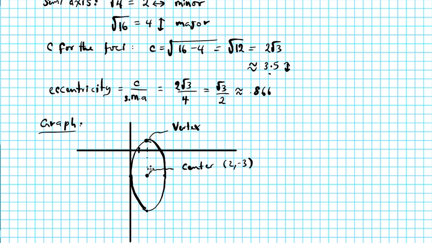For the vertex, I'm going up 4 units, so I just add 4 to my y-coordinate. So one of my vertices is 2, 1. And then I also have a vertex down here. I'm going 4 units down from the center, so it's going to be 2, -7.